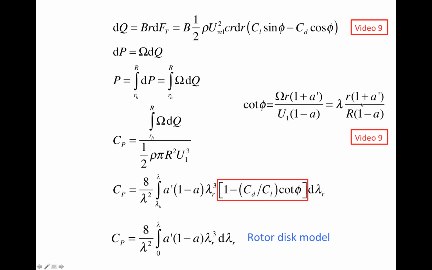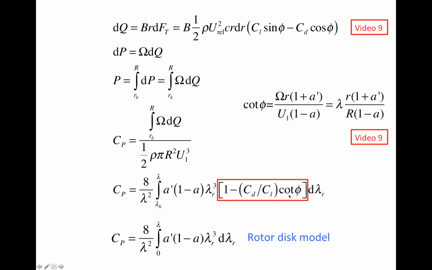As lambda increases, cotangent phi also increases. And as cotangent phi increases, cotangent phi times this thing increases, so once subtracted, this thing decreases. If it decreases, you multiply with this thing and then do an integral over all the lambdas, the entire integral decreases.